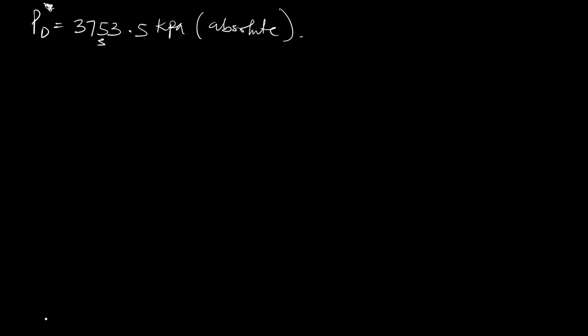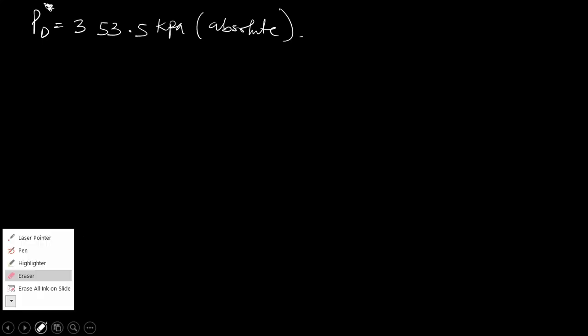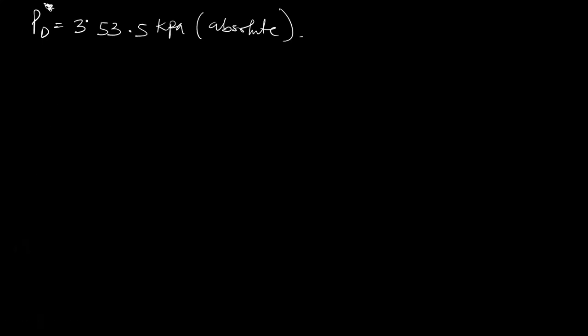So let me just erase. Oh, I didn't see properly, so that was why I wrote 3-7. So it's 3153.5. So I've gotten the pressure at D.